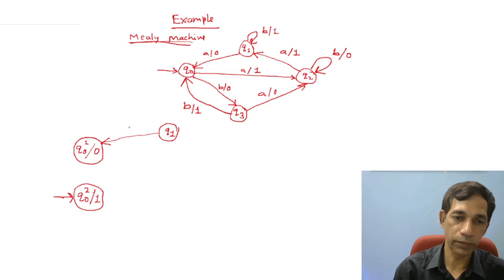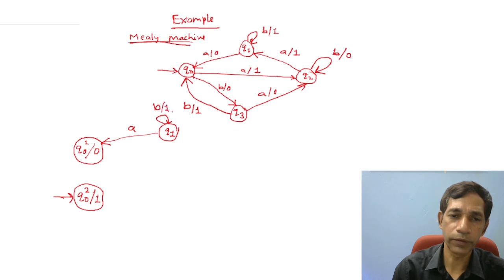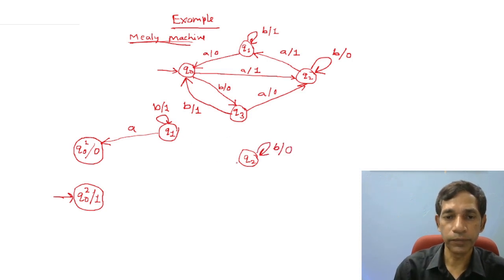So we just label it with the input, so you can say A. All other states will remain. Here you have Q1, and Q1 is the same as we have here. Now you are at Q2. The state is Q2, and we have the loop here for B/0, and then from Q2 you are coming to Q1. Everything is the same.